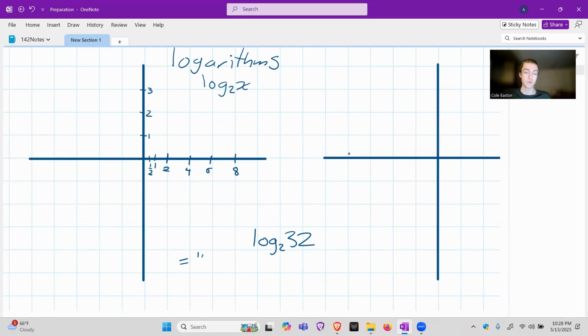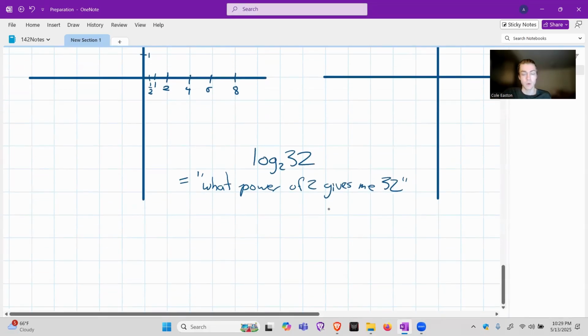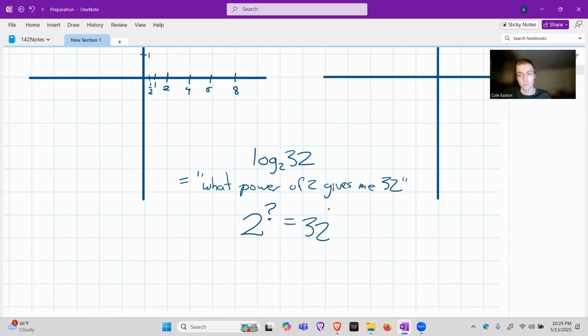So log base 2 of 32, our question here is, what power of 2 gives me 32? Right, so our question is, 2 to what here gives me 32?